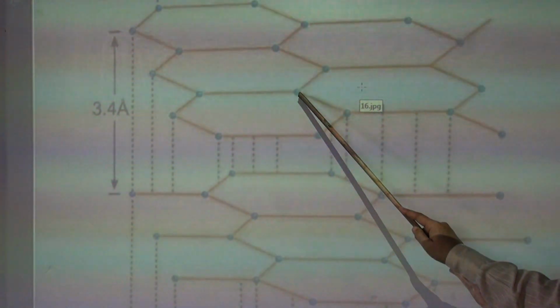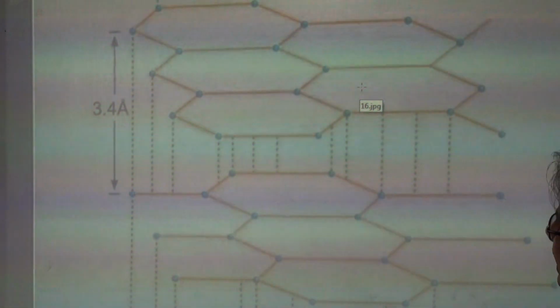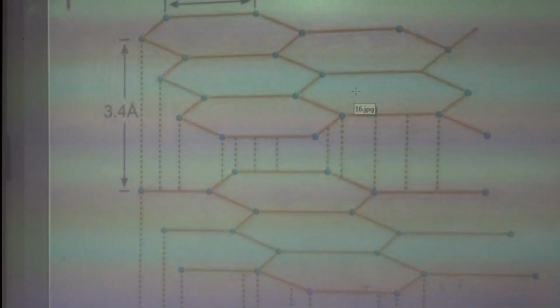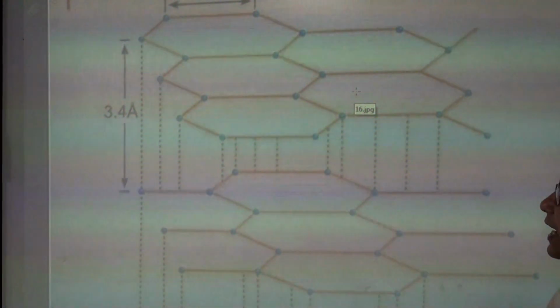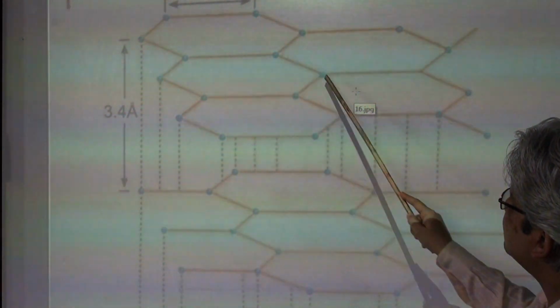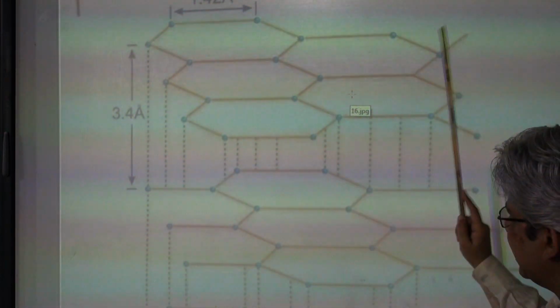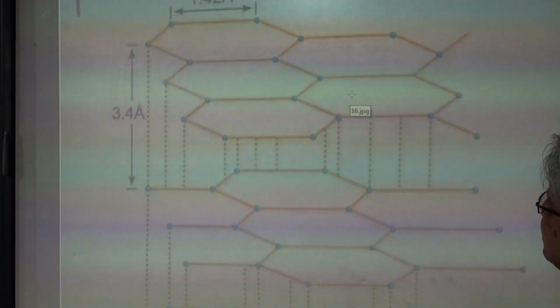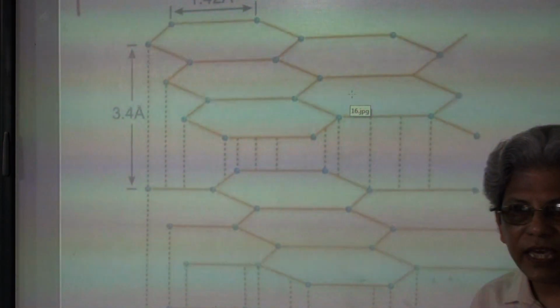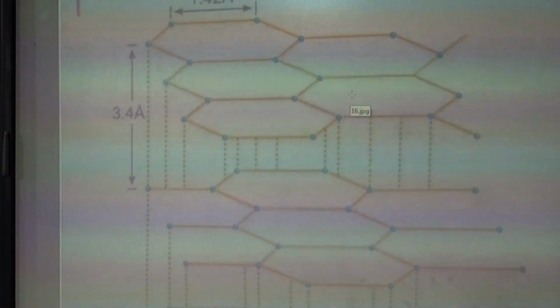So remember here, this carbon atom is sp2 hybridized with one pure p orbital left, which is placed in a vertical position on this plane. So all these carbon atoms are sp2 hybridized, and each one of them has one vertical pure p orbital.